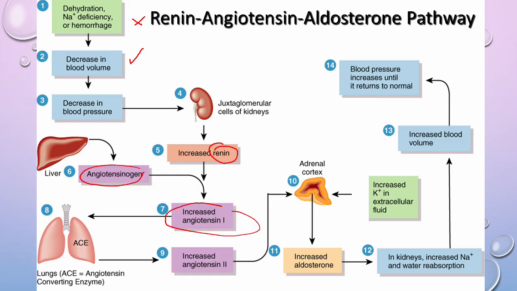That angiotensin 1 is going to go to the lungs and interact with the ACE, angiotensin converting enzyme, and produce angiotensin 2. This angiotensin 2 is going to go to the adrenal cortex and increase the production of aldosterone, which goes to the kidneys in the distal convoluted tubule and the collecting ducts, and increases the absorption of water and sodium.